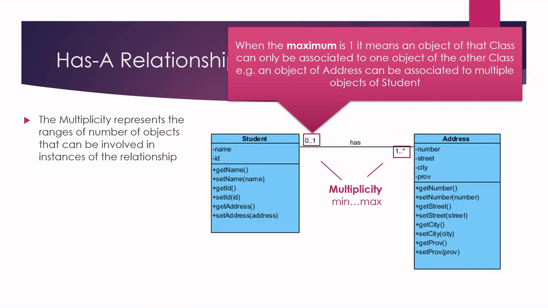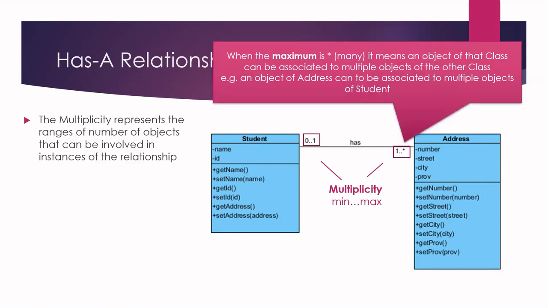So when a student is linked to an address, it cannot be more than one address. It must be exactly one. When the maximum is star, star means many, any number. So here an address object could be associated with any number of students.